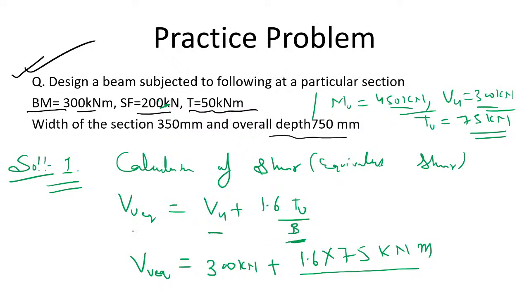The section is 350 mm, so it is 0.35 meter. I am going to write it this way, because this meter and this meter will get cancelled and we will get the overall value of V equivalent. Is it clear to you, guys? Tell me. Is it clear to all of you? Any doubt to anyone?